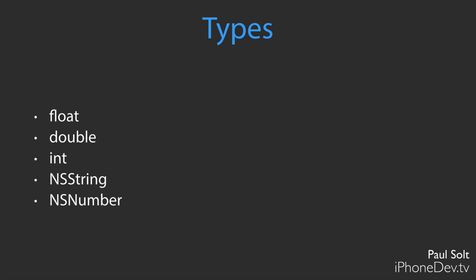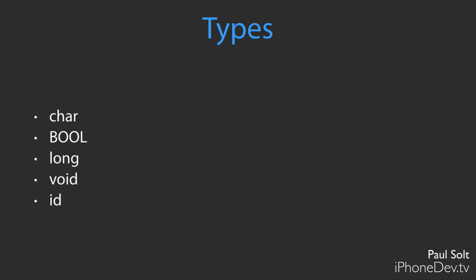We'll use the NSArray, and in order to put numbers in an array, they all need to be objects, and so we use the NSNumber to wrap up our float or our double or our int. Okay, so those are some more types that we'll see in Xcode.